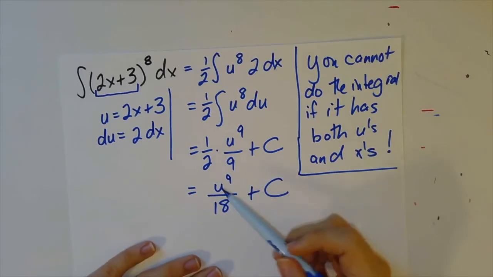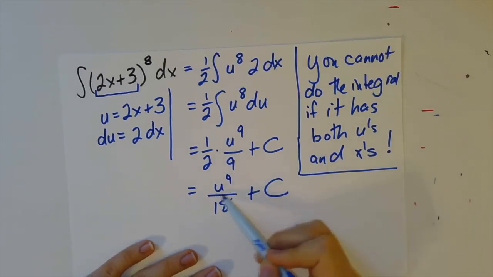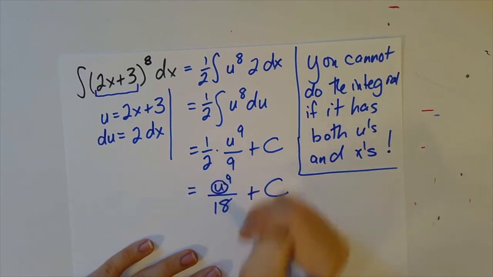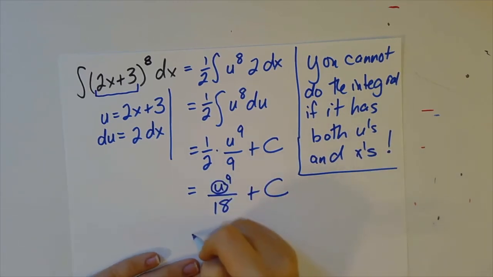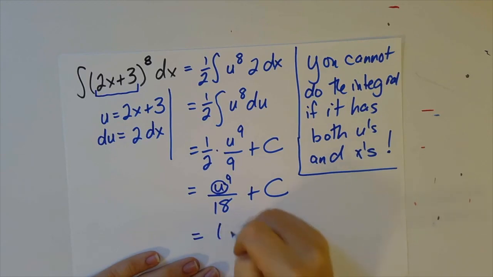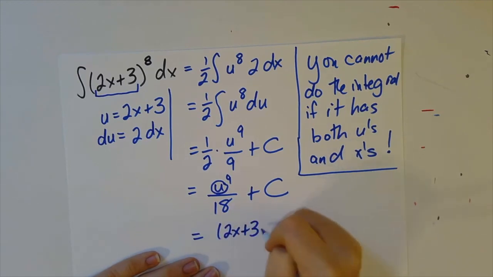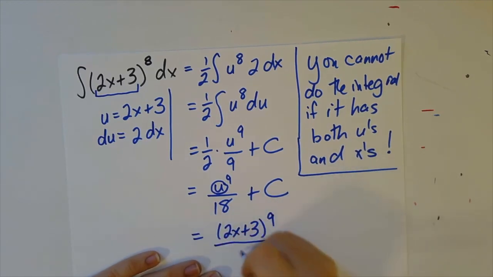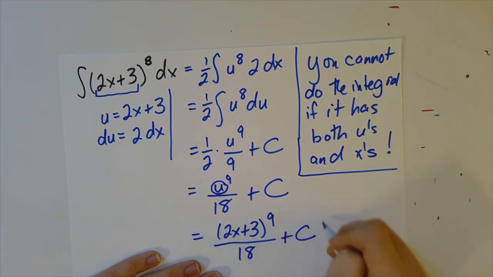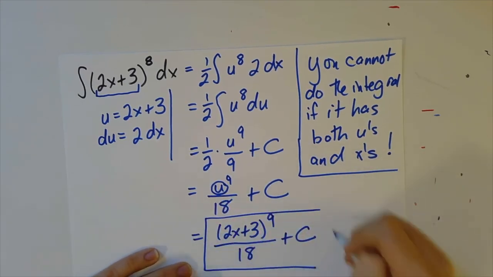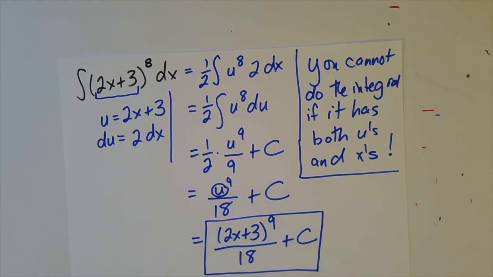Then all I have to do is remember to put back in what u was before I'm done. Namely, u was 2x plus 3. And so that winds up being our answer.